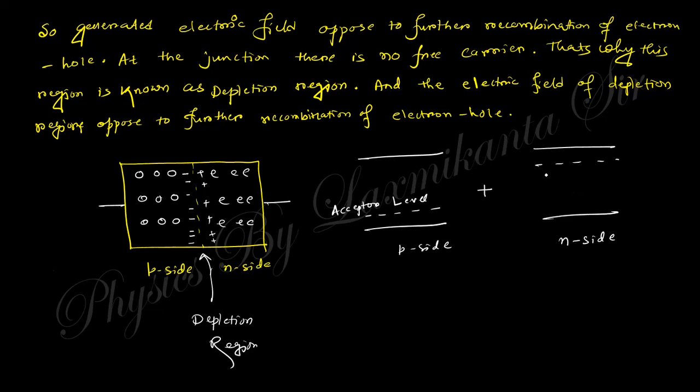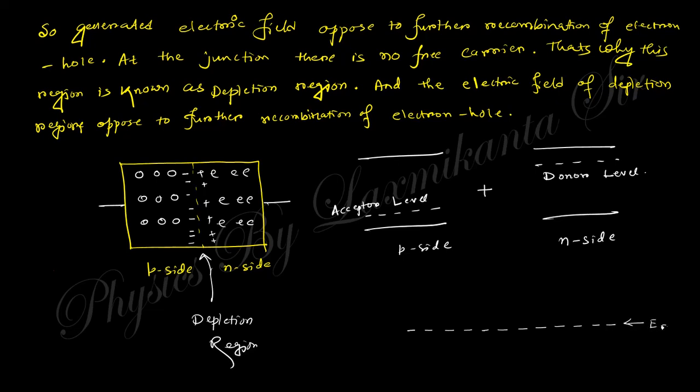This is the acceptor level, and this is the donor level. If you combine these two, finally you will get this one. The acceptor level and donor level both align with the Fermi level. Combined, we draw the Fermi level first. This is the Fermi level.